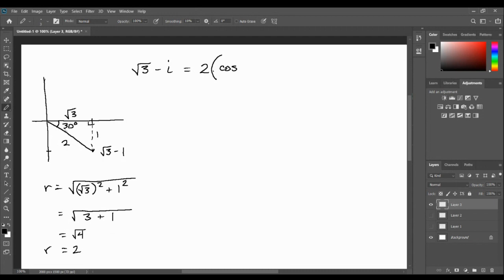Now we said it was 30 degrees down. This is the fourth quadrant, where our angles are between 270 and 360. 360 minus 30 is 330 degrees, plus i sine 330, or if we were in radians, 330 is the same as 11 pi over 6.